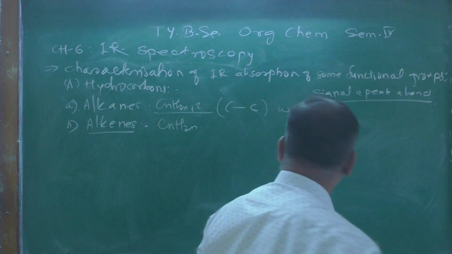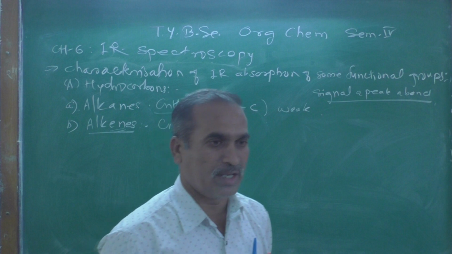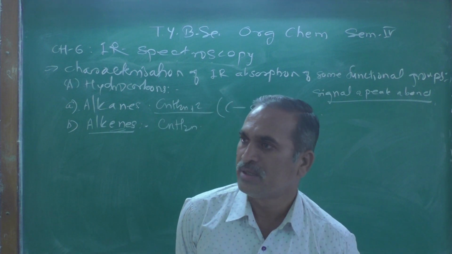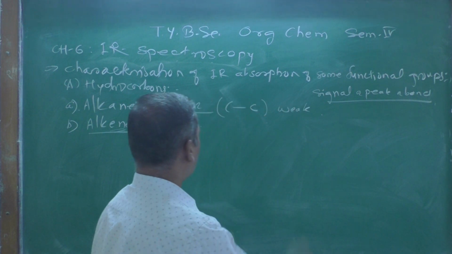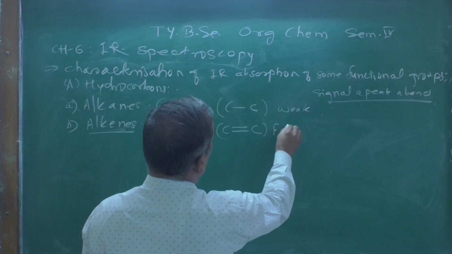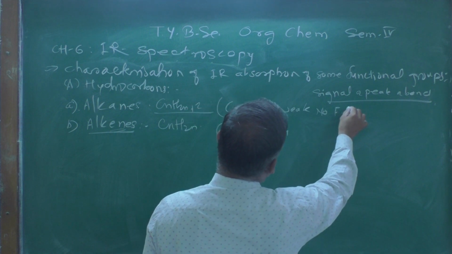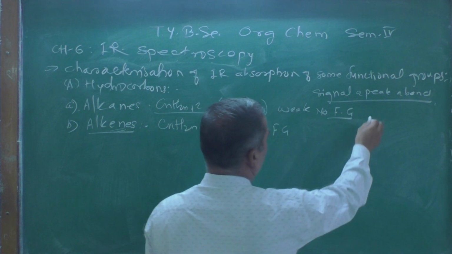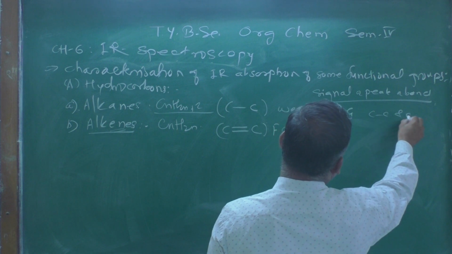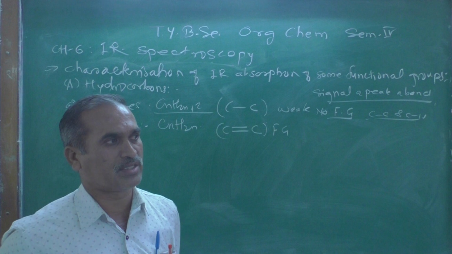In alkenes, the suffix -ene clearly indicates the presence of a carbon-carbon double bond, which is a functional group present here. In the above case, there is no functional group, because carbon-carbon single bonds and carbon-hydrogen bonds are just stretching frequencies.